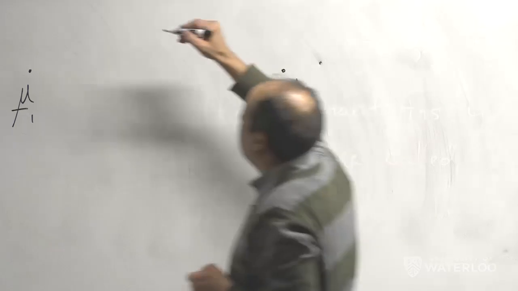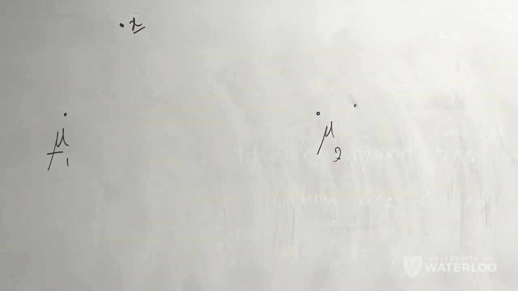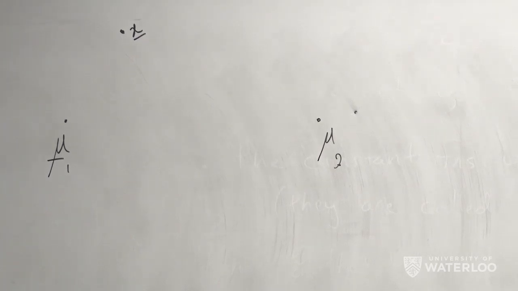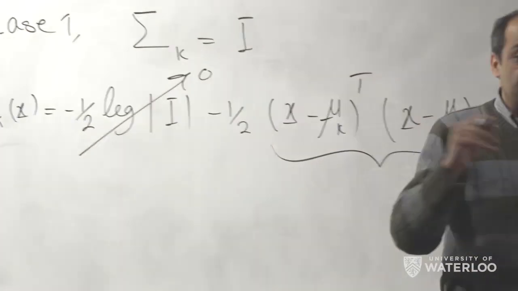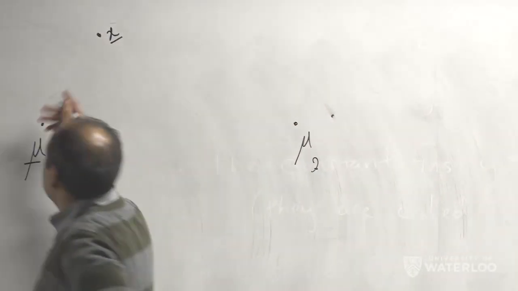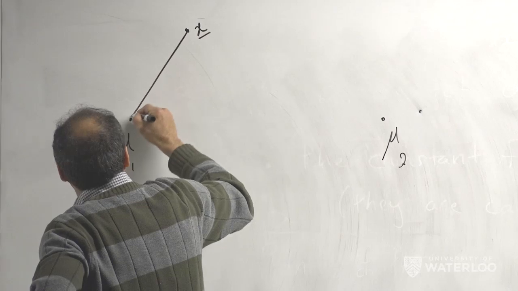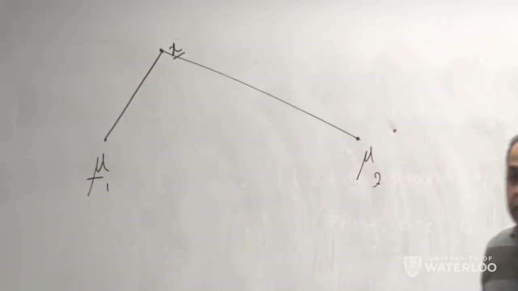Now you give me one point, x. I want to classify this point according to LDA or according to QDA, but they are Gaussian and the priors of the classes are the same. So how am I going to do this? I'm going to compute the Euclidean distance between this point and the mean of class 1, and the Euclidean distance between this point and the mean of class 2.